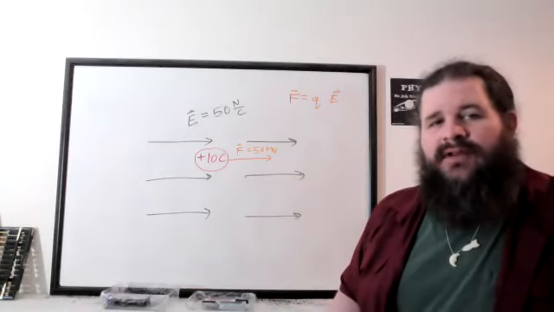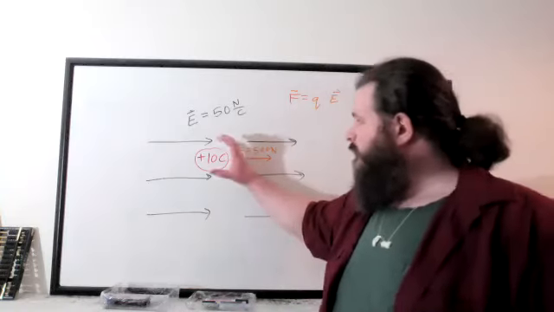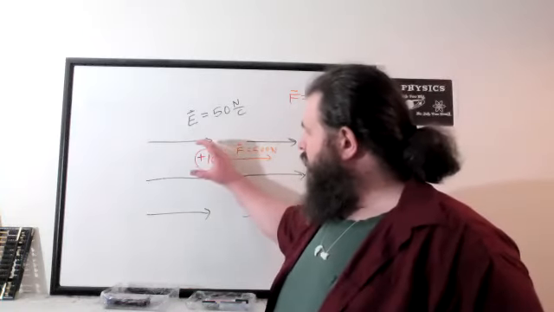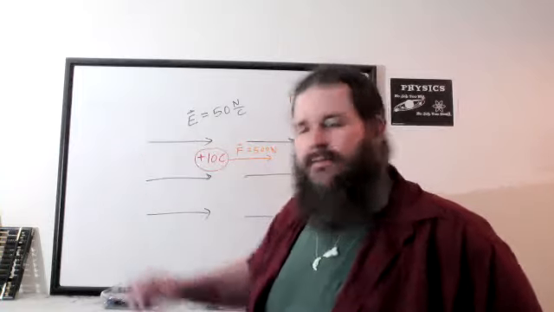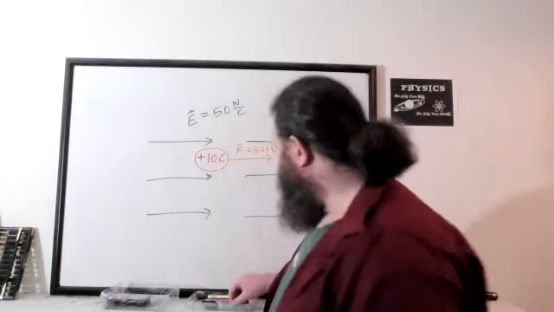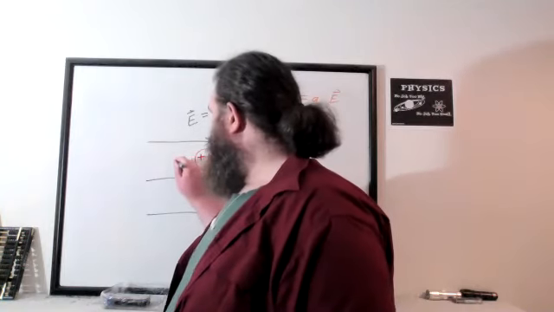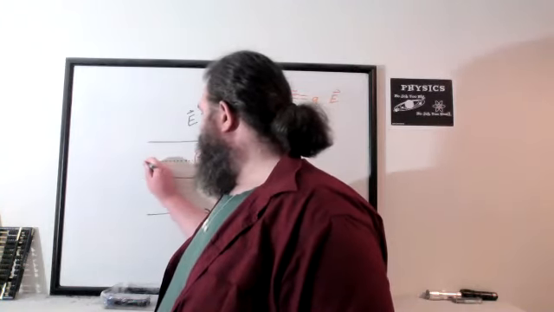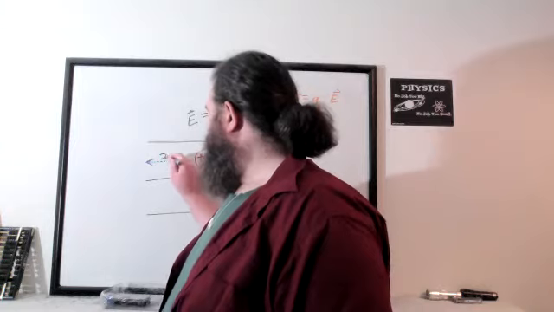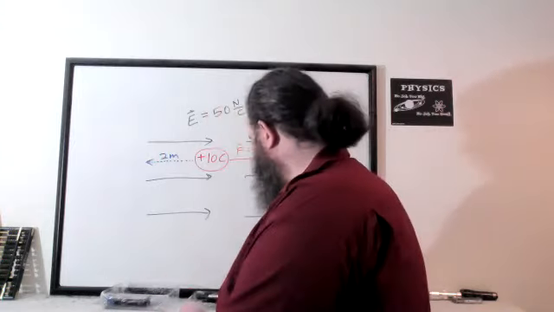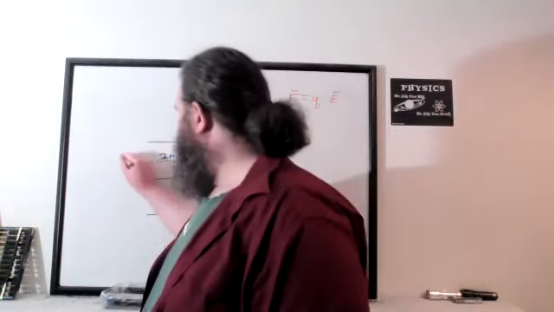But let's say we don't want it to accelerate. Let's say we just want to hold this in place. In fact, let's say we want to move it steadily to the left instead. Let's say we want to move this 2 meters to the left, to its new home over here.